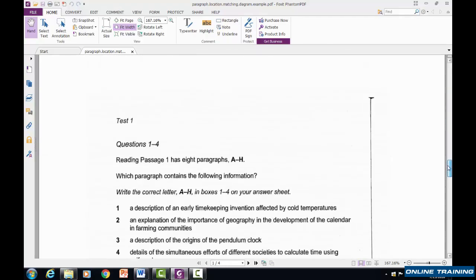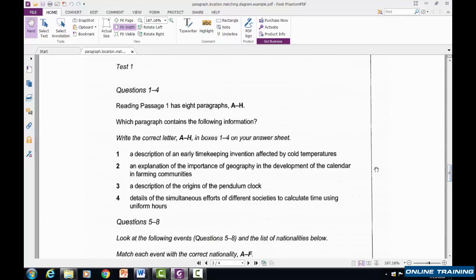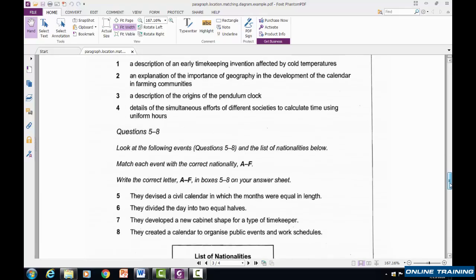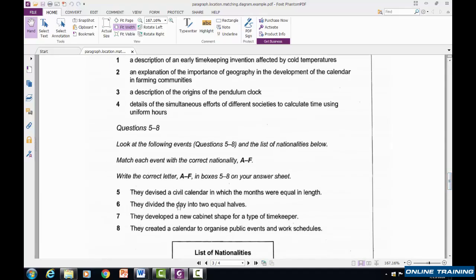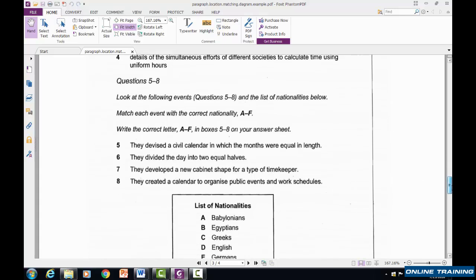And we can see that that is a match for, because we saw it earlier, they devised a civil calendar in which the months were equal in length. All right, so for number 5 on our answer sheet, we will put B for Egyptians.